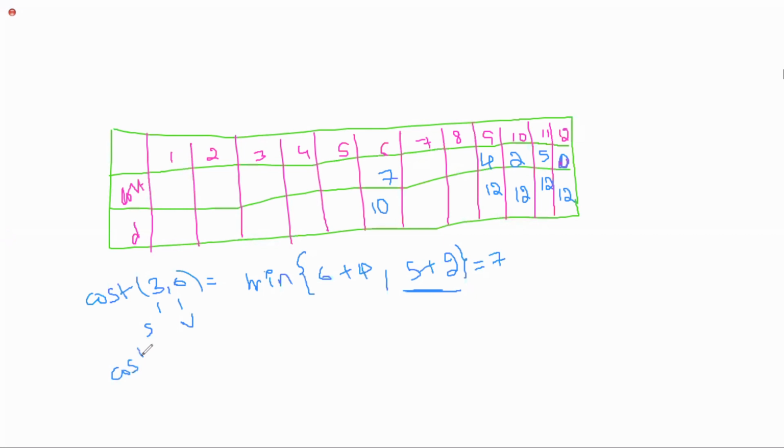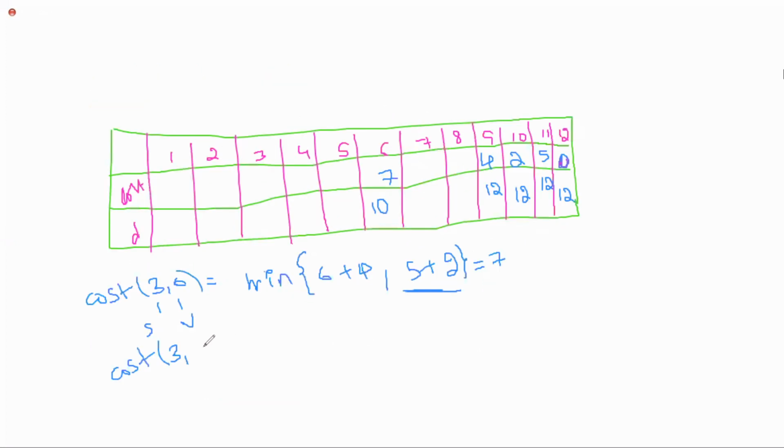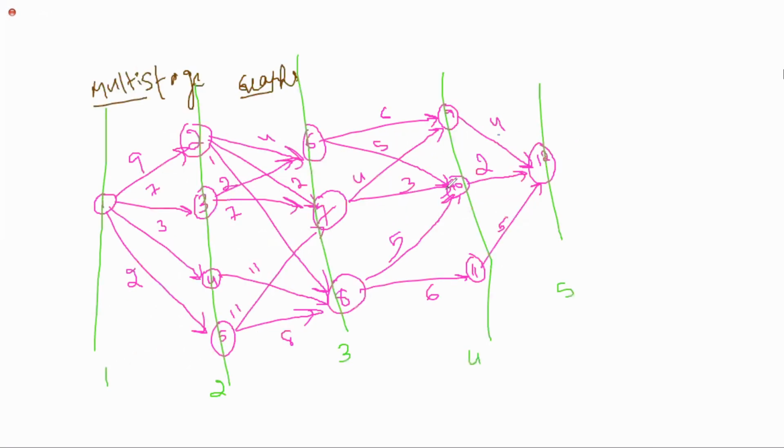Cost of the third stage. What is the next vertex? We have one more vertex, 7. So 3 comma 7 is the minimum of, 7 has two outgoing edges.